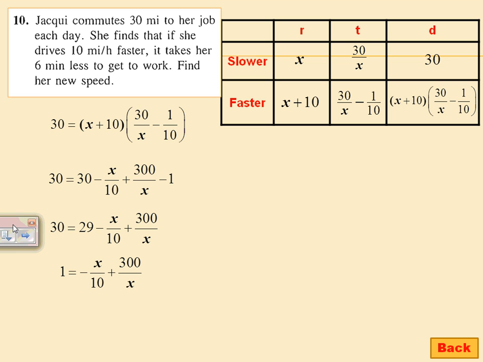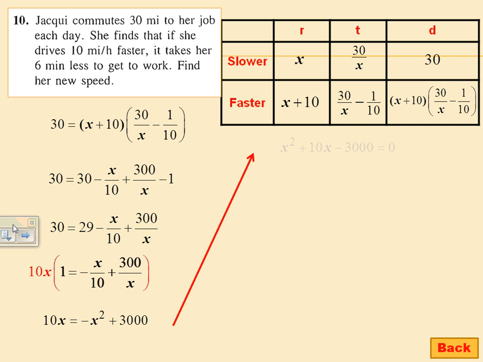My lowest common denominator is 10x, and I multiply everything by that 10x. When I do, I get 10x equals negative x squared plus 3,000. Because there's a negative x squared, I want to move everything to the left-hand side. So as a result, I get x squared plus 10x minus 3,000 equals 0.